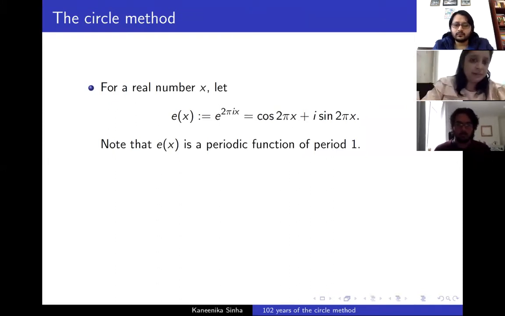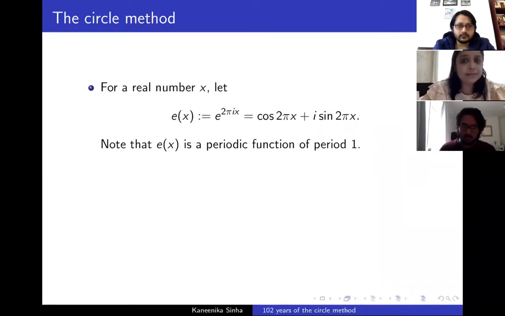So please remember that E of x denotes e raised to the 2 pi i x, which is a complex number given by cosine 2 pi x plus i sine 2 pi x. And from this it is immediate that E of x is a periodic function of period 1. That's why it is enough for us to consider E of x in the interval 0 to 1, in any interval of length 1 actually.